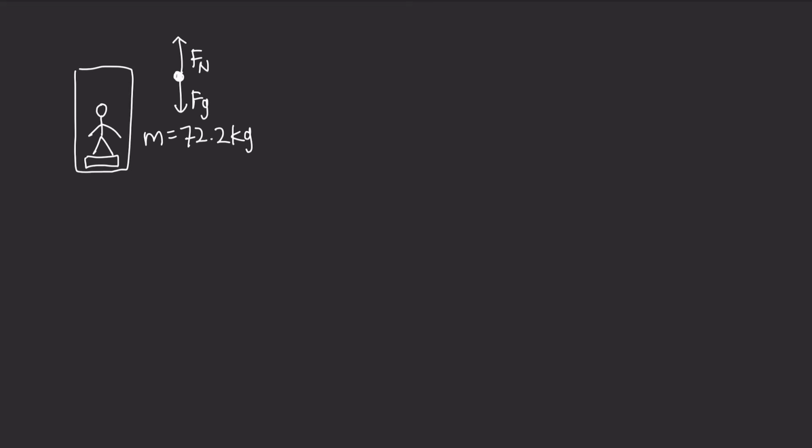And here we get that the normal force minus the force of gravity is equal to the mass of the passenger times their acceleration. And we can rearrange to get that the normal force is equal to the force of gravity plus the mass times the acceleration, because we're interested in the normal force, or the reading on the scale. And this tells us that the scale reading, which is equal to the normal force, depends on the vertical acceleration.